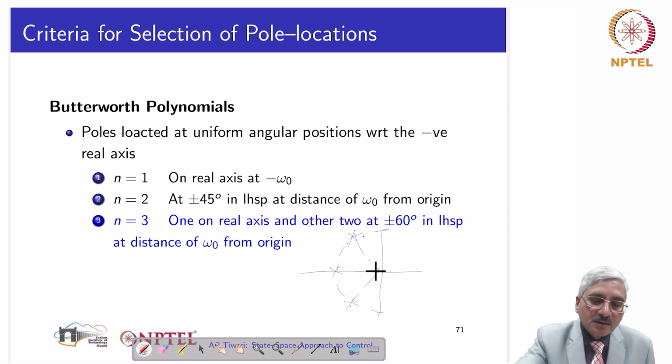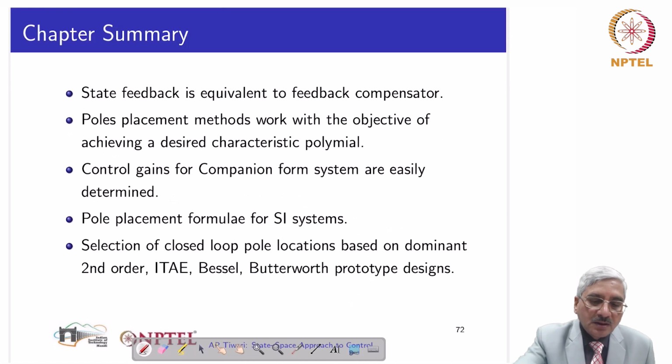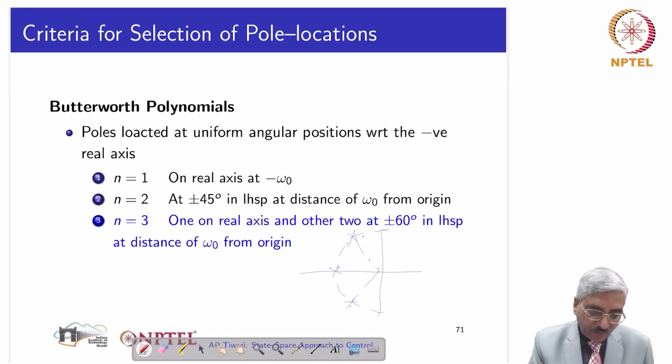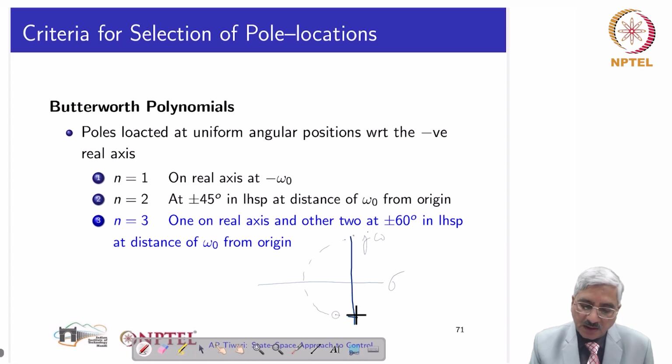When we have to select 4 poles, they will be again on the semicircle of radius omega 0, but 2 on this side, 2 on this side, making 45 degrees from each end.